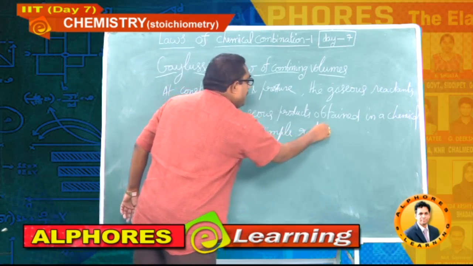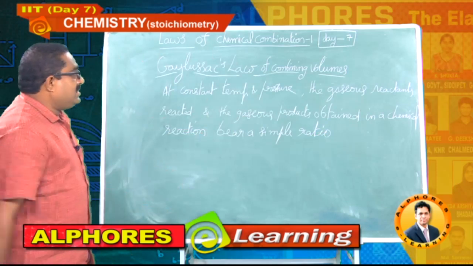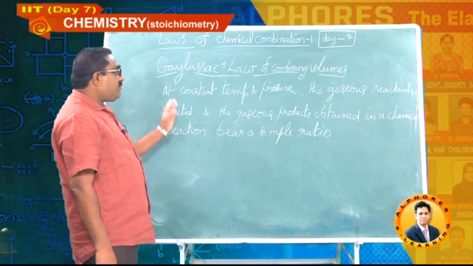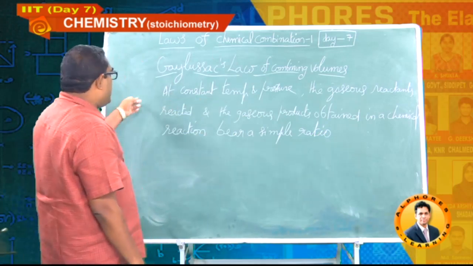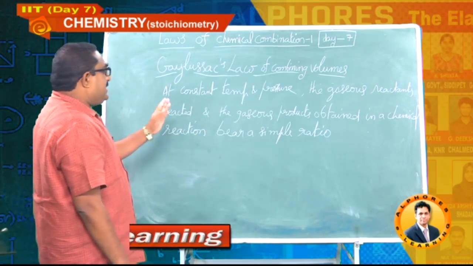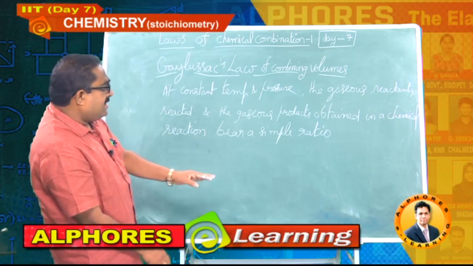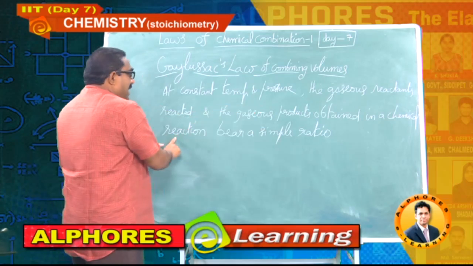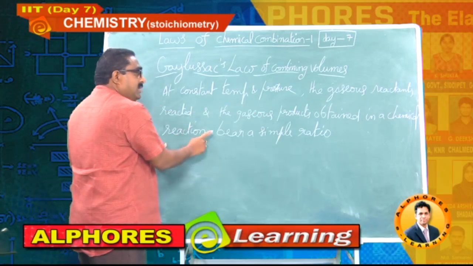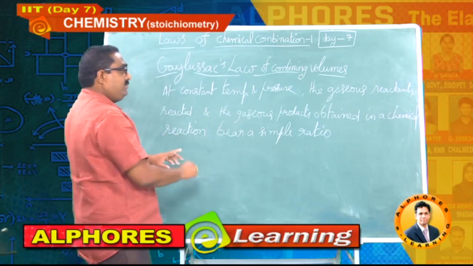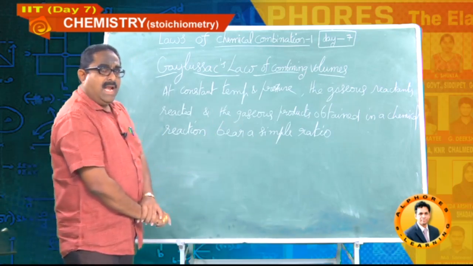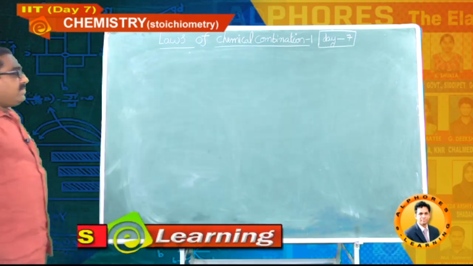That is the statement of the law of combining volumes. At constant temperature and pressure, the gaseous reactants reacted and the gaseous products obtained in a chemical reaction bear a simple ratio. If you write down this law, then I will go for the detailed explanation of this law.